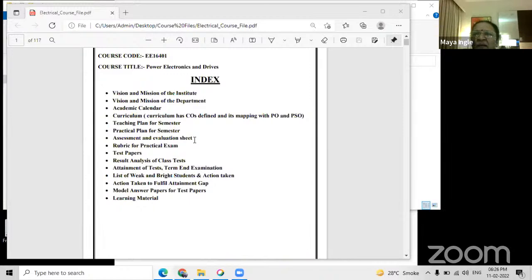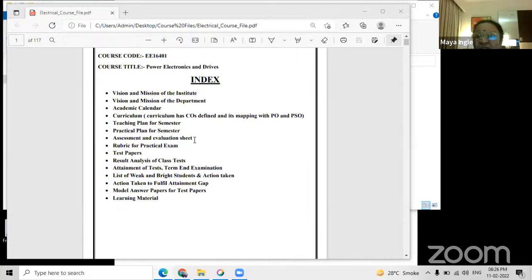Even sometimes it is possible for us to ask the bright students to help them. It may be done, but it should not always be the practice, because otherwise bright students cannot excel further, basically. They have the right to go ahead to certain levels.